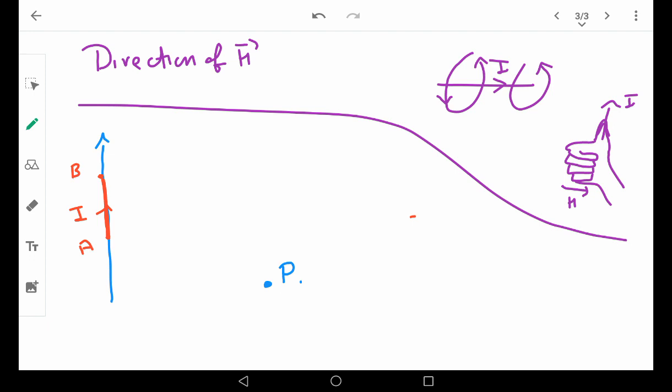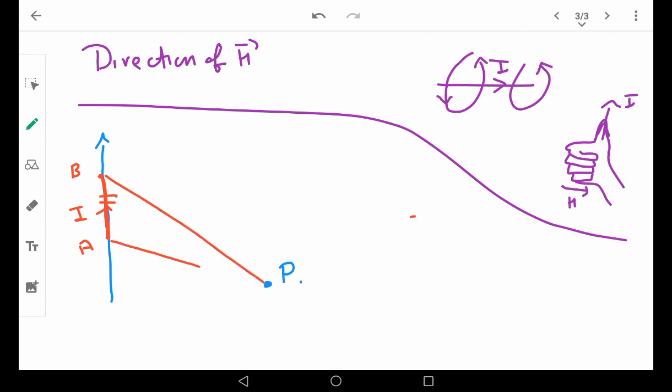What I do is I will take a very small length of that, and for example, I will draw a line like this.